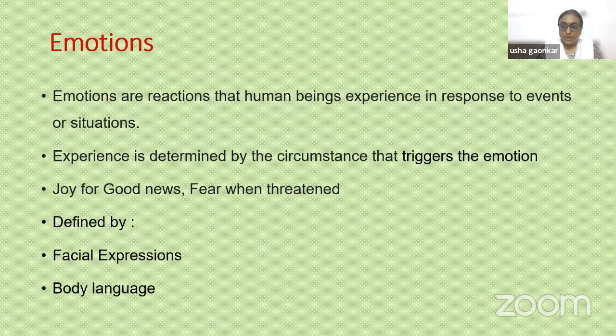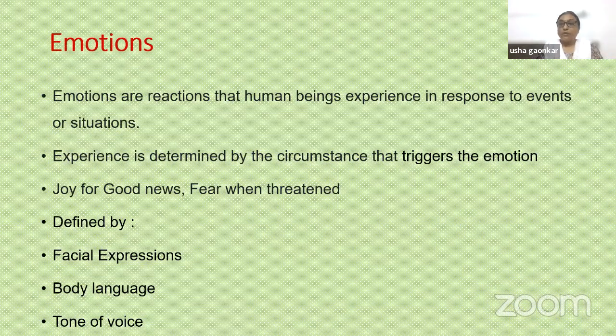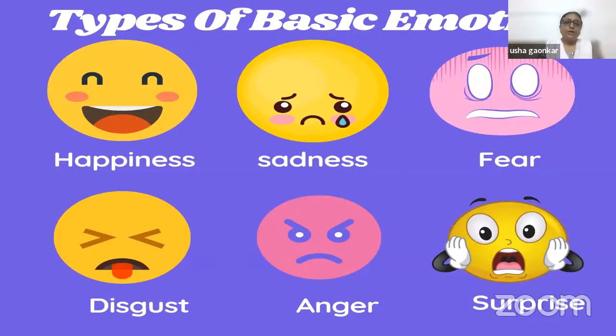It's an open body language, right? And tone of voice keeps modulating according to my emotions, according to the way I want to communicate to you all, right? So there are three ways in which we can communicate our emotions: facial expression, body language, and tone of voice.